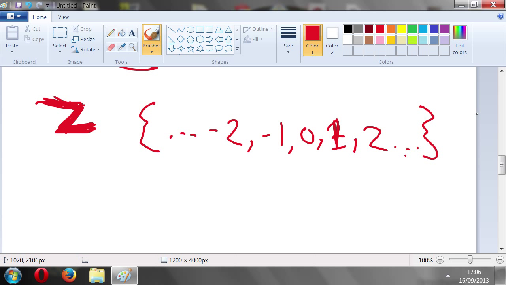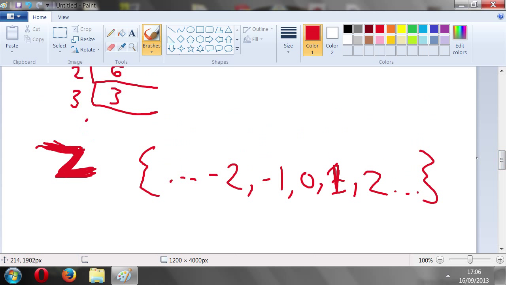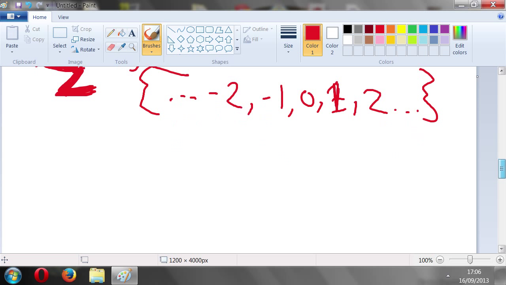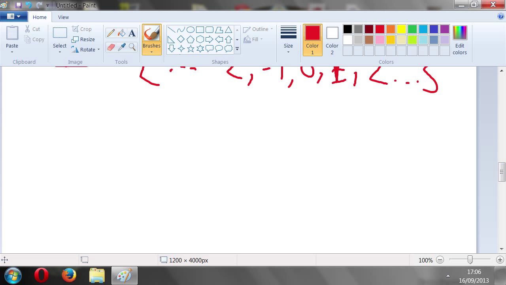It's always a good idea just to put the same amount on either side in those situations. Okay, so it's just integers. And I think I might run out of room this time, but oh well.